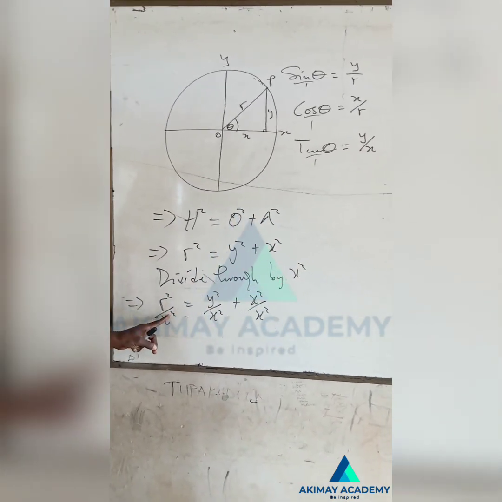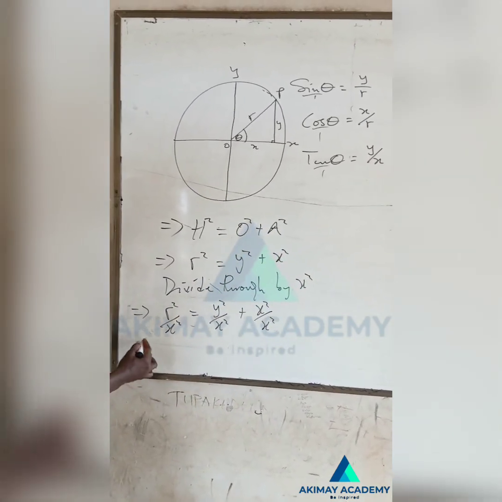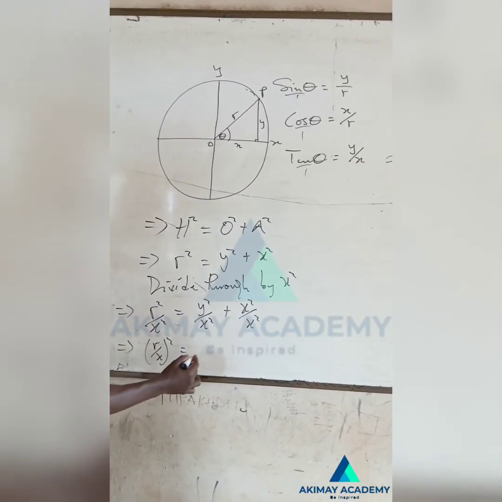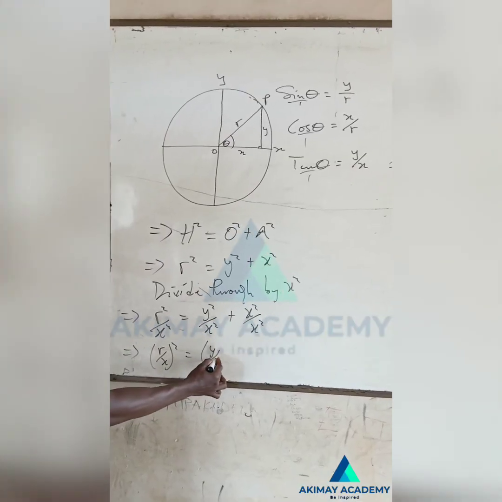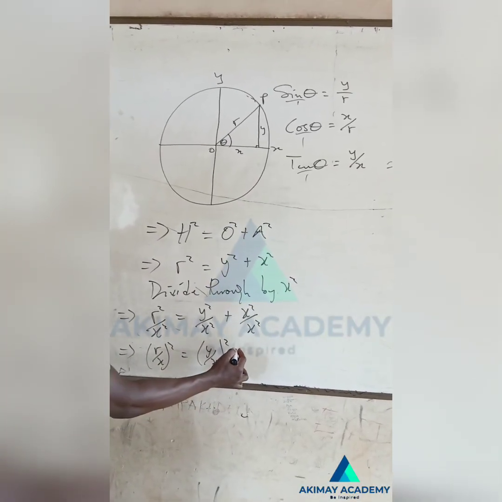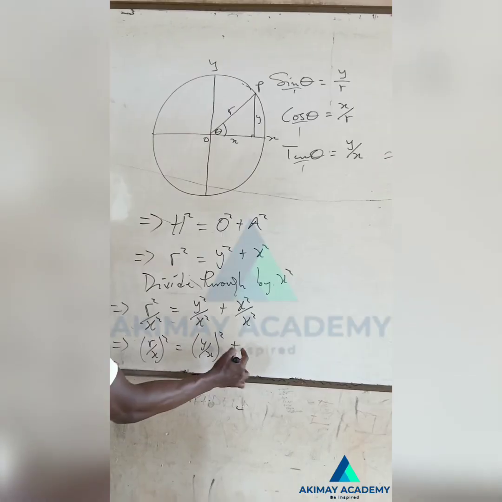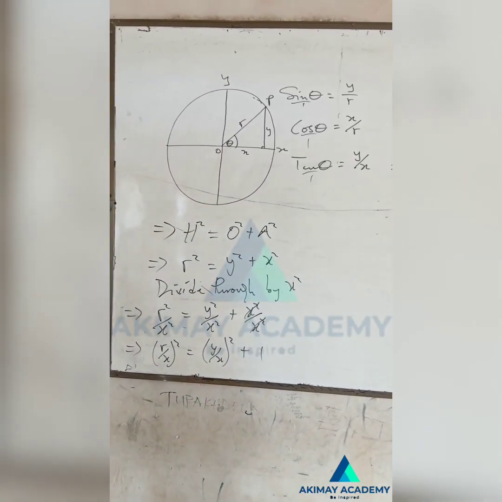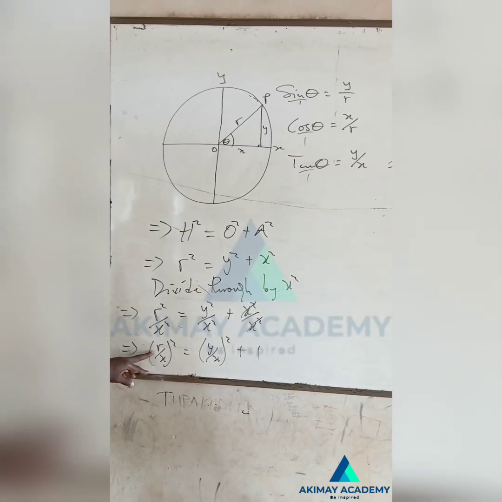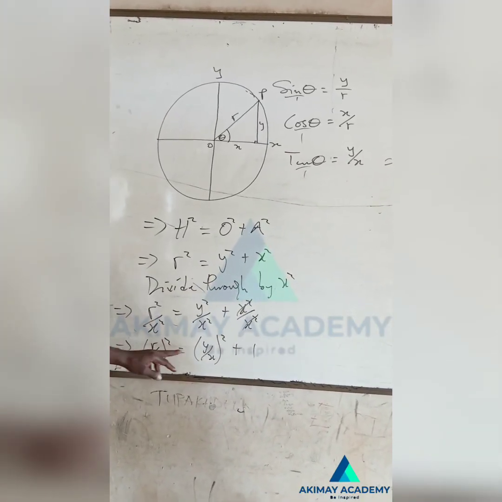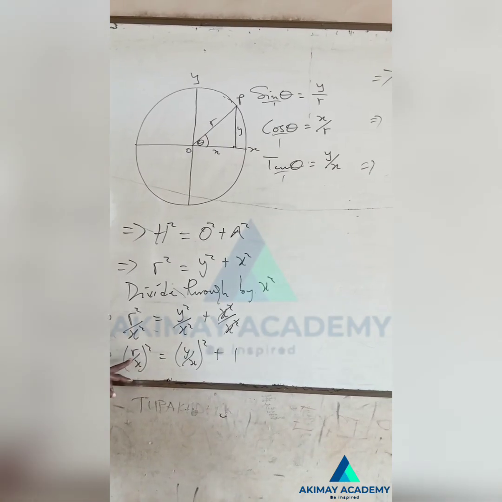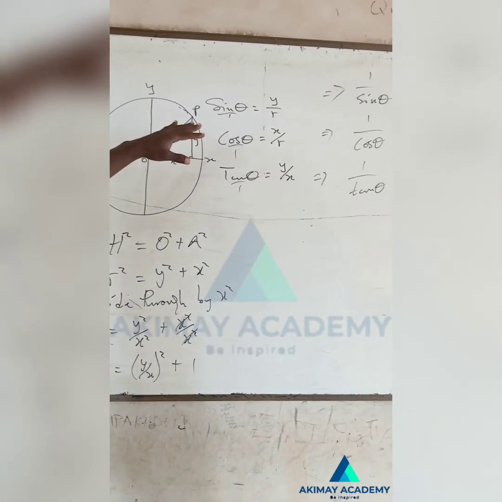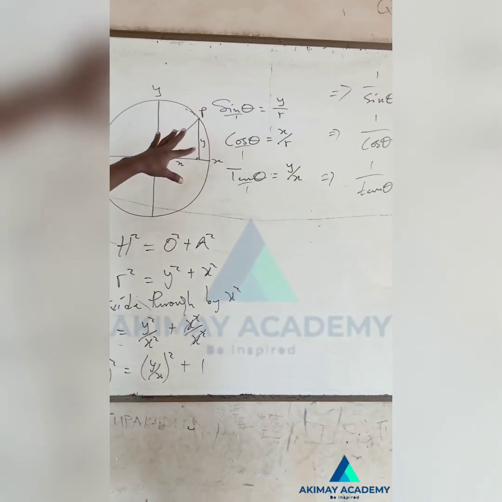In terms of indices, we can put them together. Over here, this one cancels this one off, which will give us 1. Now here we have r out of x, all squared, equals y out of x, all squared, plus 1. Can we see r out of x in our identities or from our ratios?